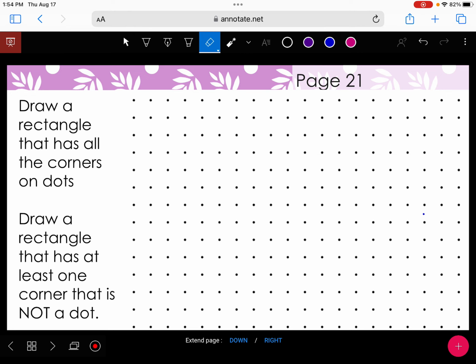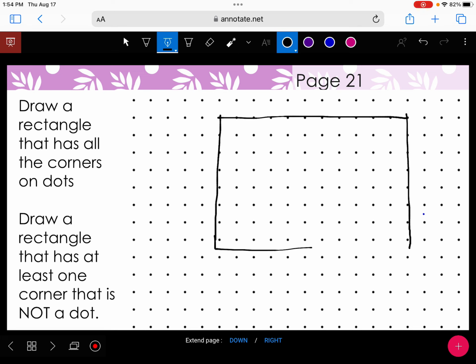So, I'm going to draw yet another rectangle. Ooh, that's wonky. Let's try that again. This time, I don't know any of the sides.